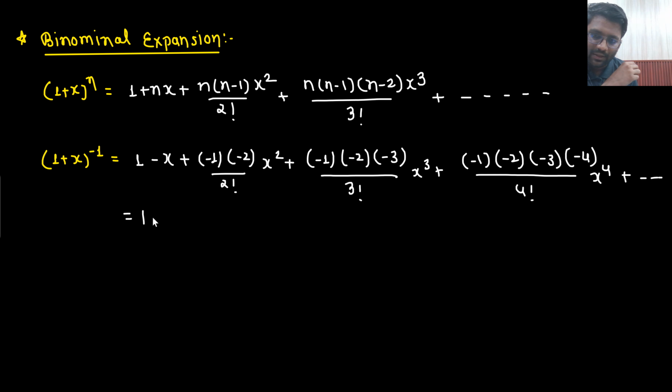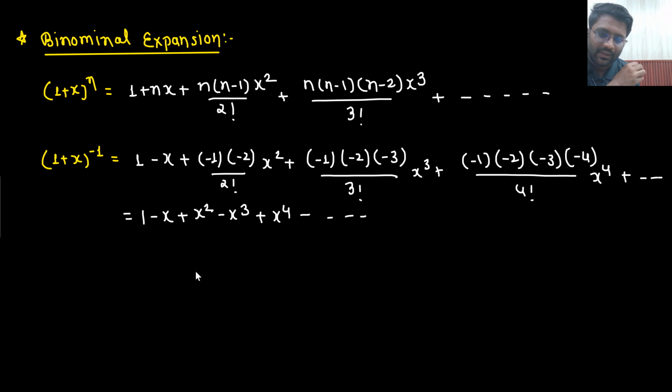So what answer you will be getting? 1 minus x, this will become plus x square, right? Minus 1 into minus 2 will be 2 only. 2 divided by 2 factorial will be 1 only. So 1 minus x plus x square, then minus x cube, then x to the power 4 and so on.